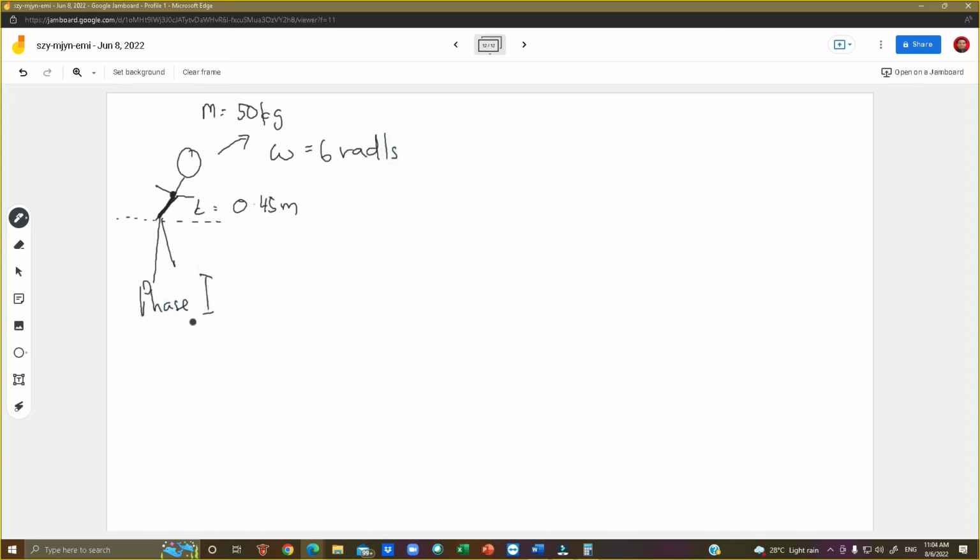Soalan dia, masa dia dekat dalam takik, okay, phase 2, where the radius is changed from 0.45 to 0.25. Okay, daripada 0.45 jadi 0.25. Soalan dia, at this phase, how fast does this diver go?